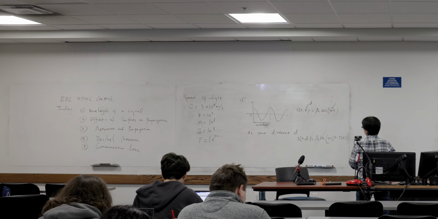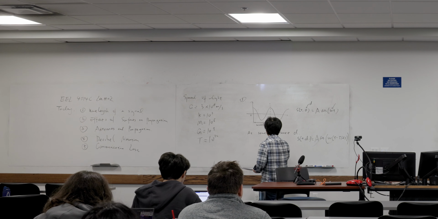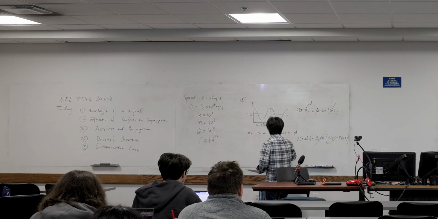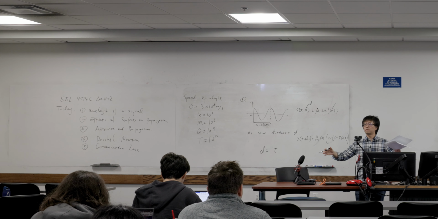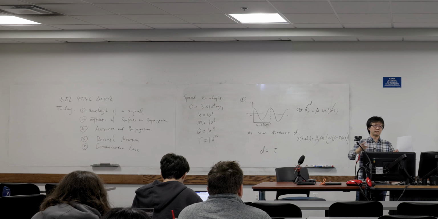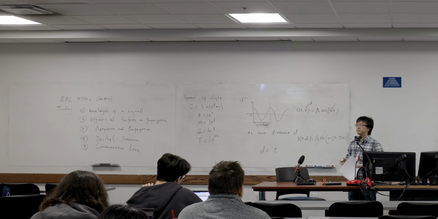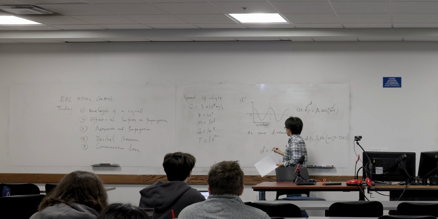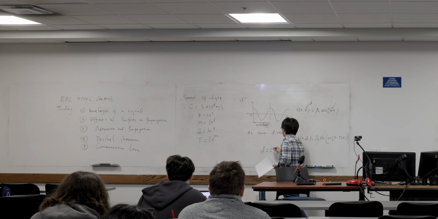Can you tell me the relationship between d and tau? d is the distance, and tau is how much time we need to traverse this distance. The relationship should be distance over c. Exactly. Very good. Or I can write d equals c times tau.